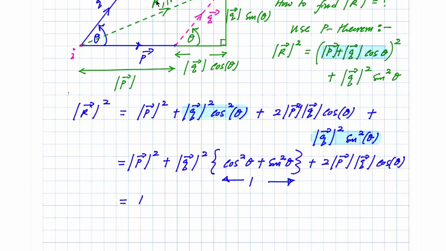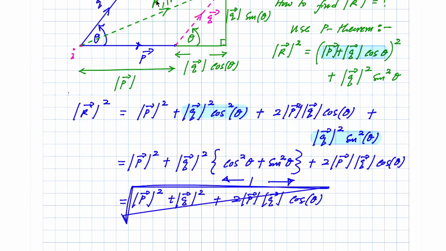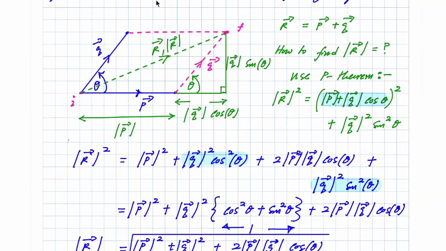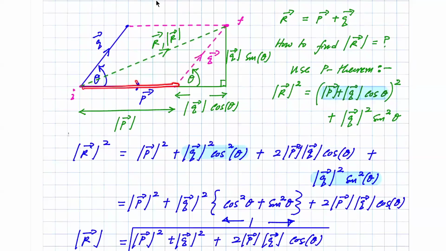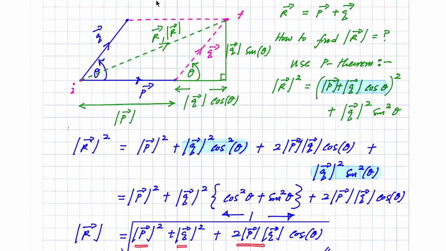So this is going to be now P vector squared plus Q vector squared plus 2 P vector Q vector cos theta. And then if you need R, take the square root of that one, and that is going to be R vector magnitude. So that's how you find the size of this vector using the given two vectors P and Q. So you can see in the right hand side, you have P, Q only and the angle given theta, right?